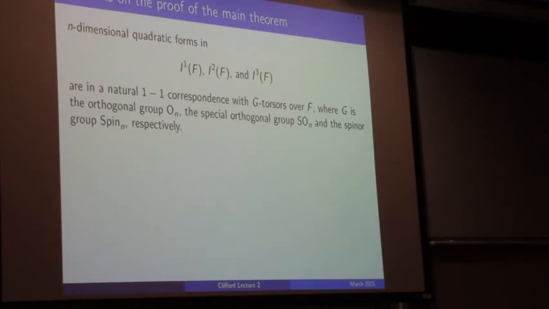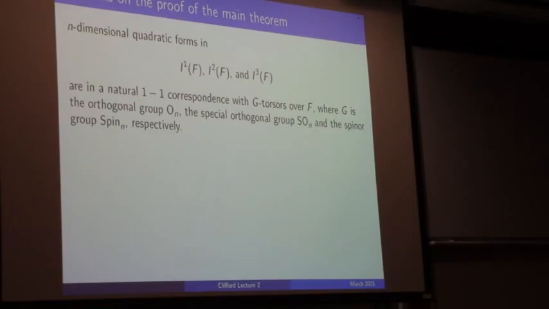So the first one, I1, is related to the orthogonal group, or torsors for the orthogonal group over the field F. The second one is related to the special orthogonal group, which probably wouldn't surprise you given that those correspond to determinant 1 forms, right? Even dimensional determinant 1. And the third one is related to the spinor group.